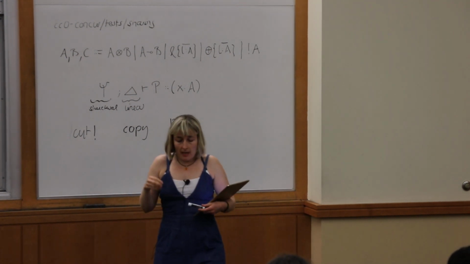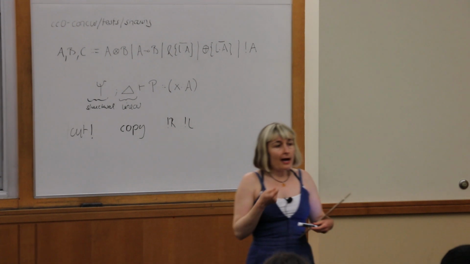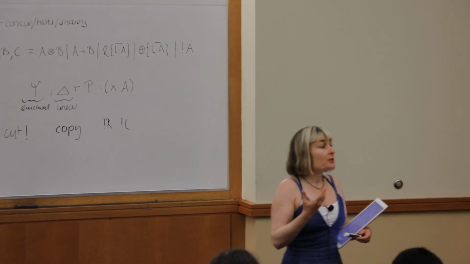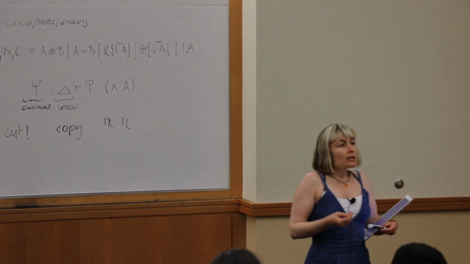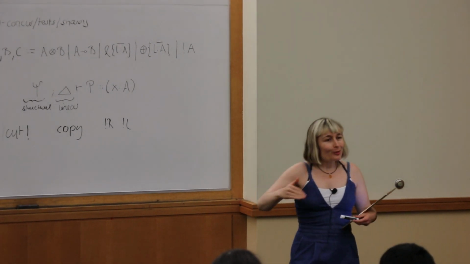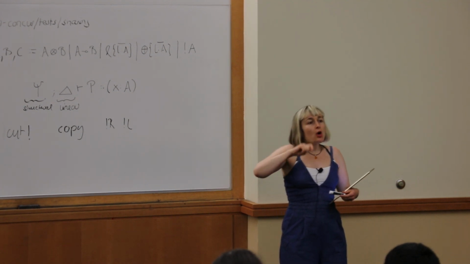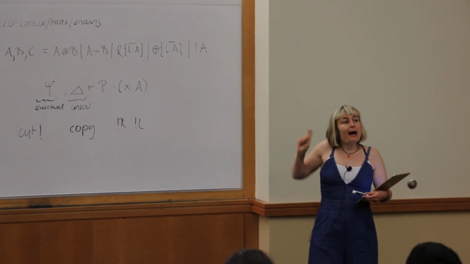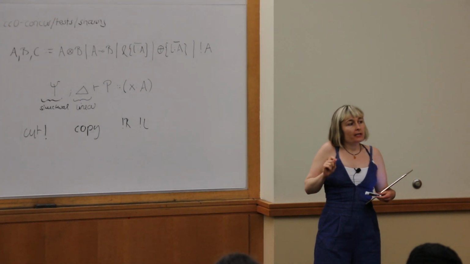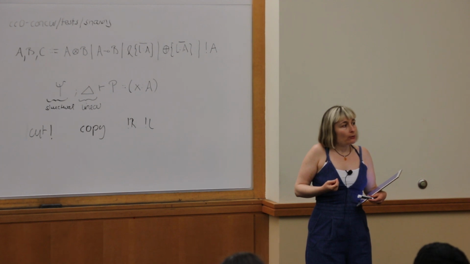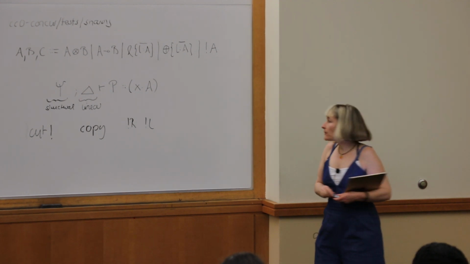All those rules have an operational interpretation in terms of the pi calculus. Rather than showing you the rules now, out of time, I'm going to skip that. But I'll show you what bang corresponds to in the pi calculus and what it means operationally for our language if we were to integrate that.